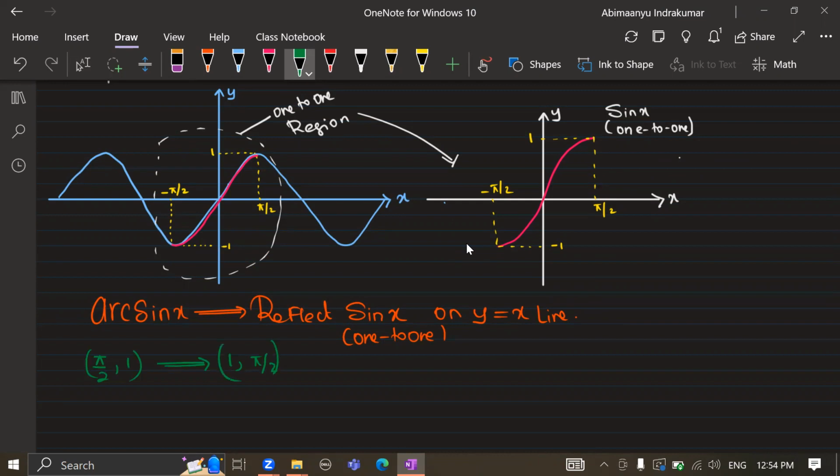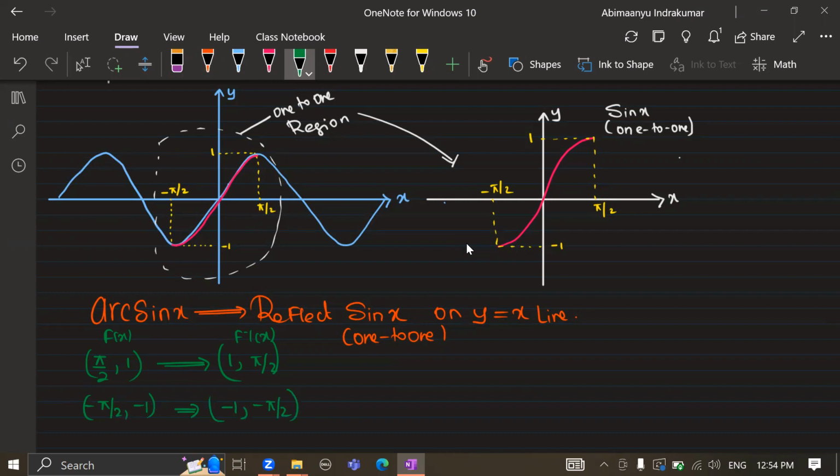Because when we are converting something into an inverse graph, there will be a swap in x and y values. So this is for the f of x graph. This is for the f inverse of x graph, the inverse function. In the same manner, minus pi by 2, minus 1, simply transforms to minus 1, minus pi by 2.